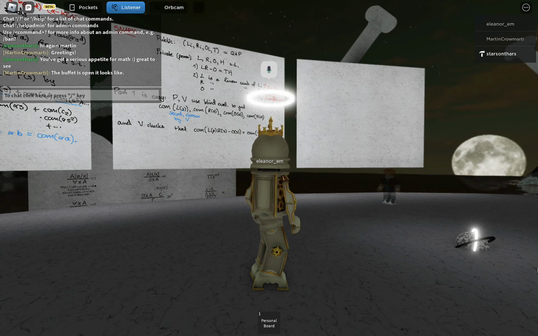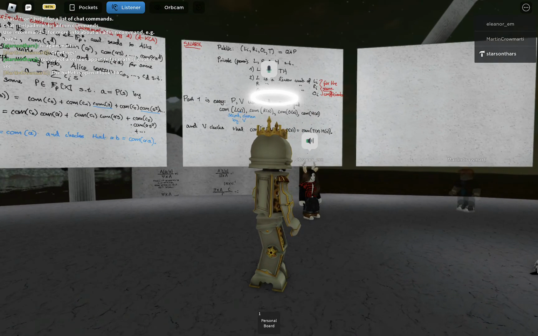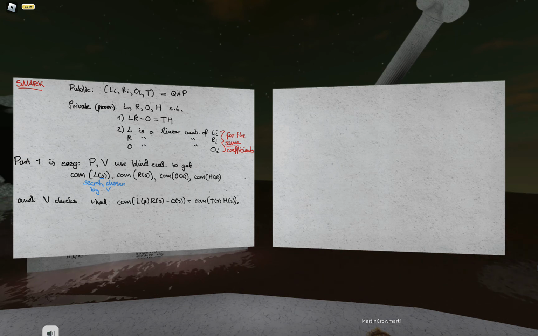Okay, and because with overwhelming probability, two different polynomials don't coincide at a random point, this in fact constitutes a proof, or an argument, to be pedantic, that the prover really does know polynomials that satisfy this equation.